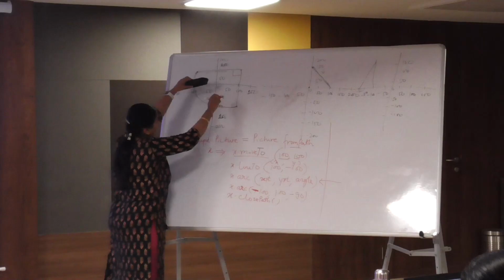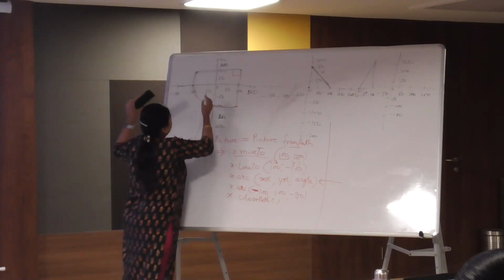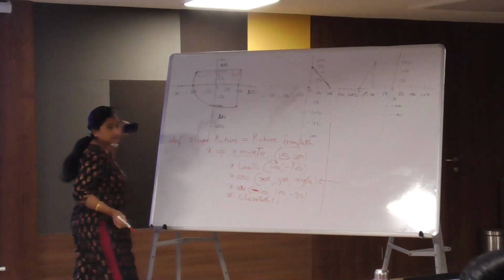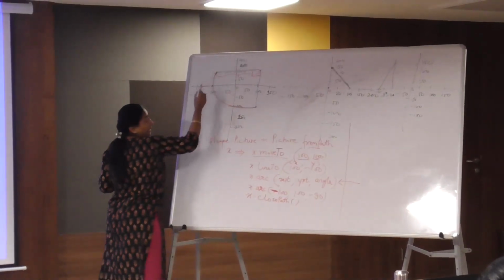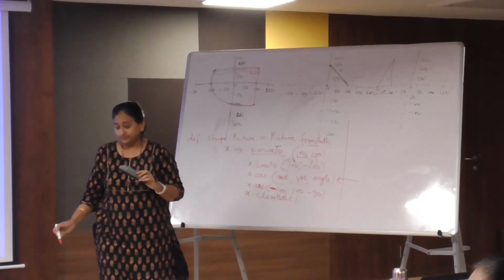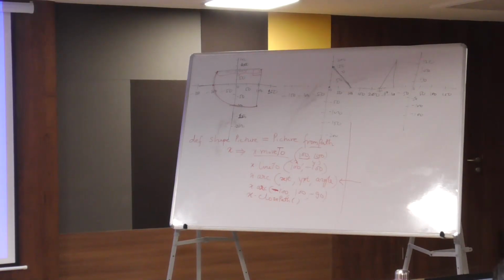The new point I give is here. So the arc is getting drawn from this point to here, and when I say close path, only then this line is getting drawn. Otherwise, it is only up to here, the line and the arc. So x is your starting point, and 100 is your end point.